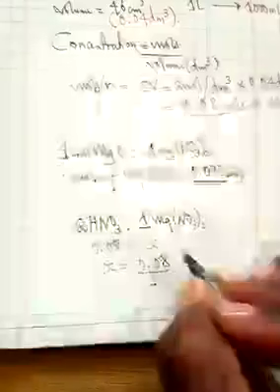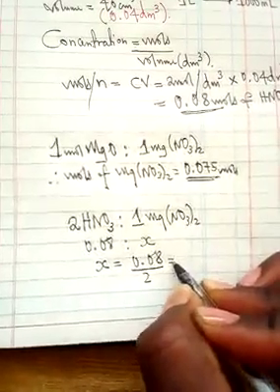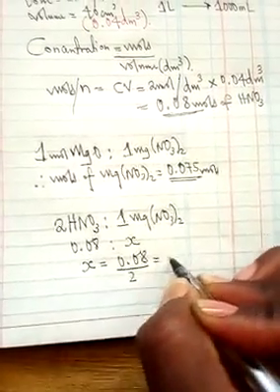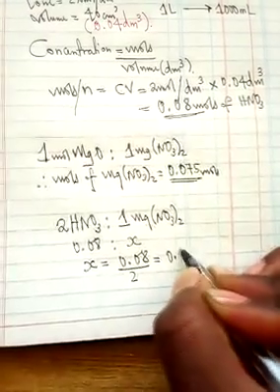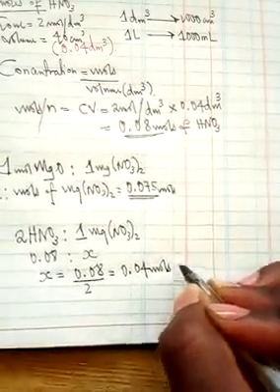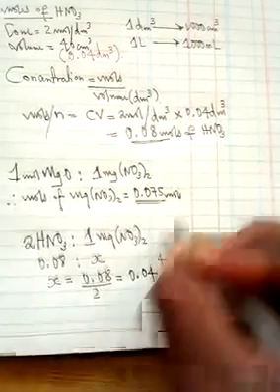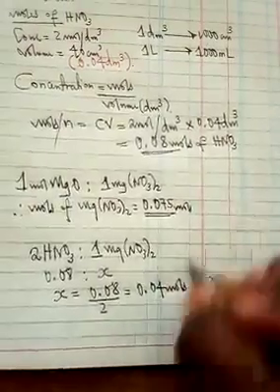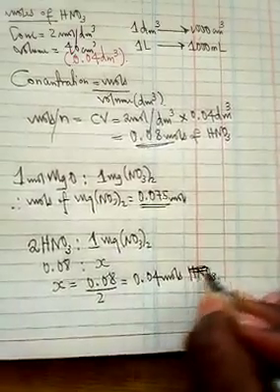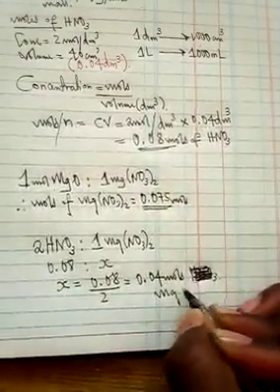And like we have seen, 0.08 divided by 2, the answer is just going to be 0.04. So 0.04 moles of nitric acid. Here, rather not nitric acid, magnesium nitrate.